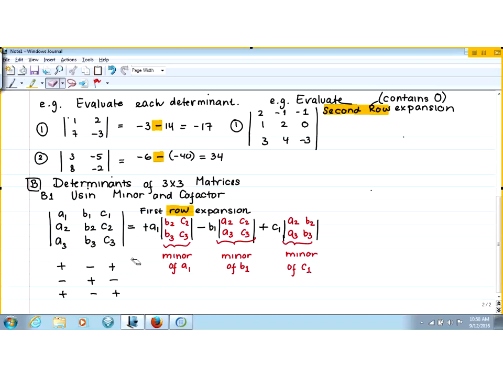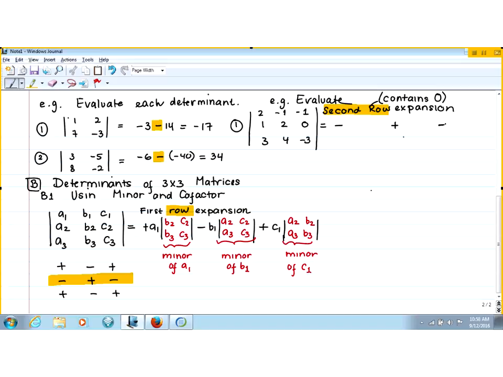Now, my checkerboard sign, I have to use the one for the second row. So which one is it? Yes. I need to start with negative, followed by positive, followed again by negative. All right.